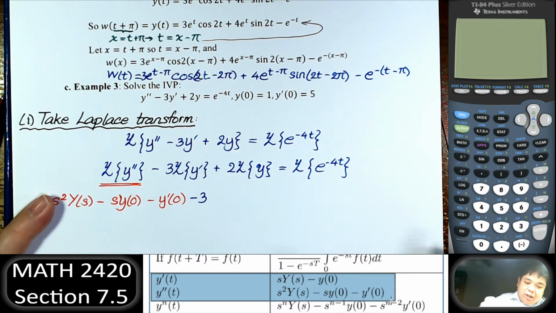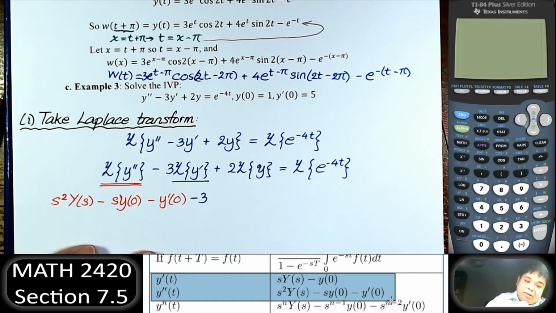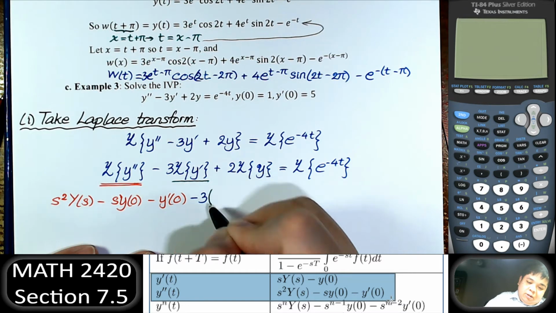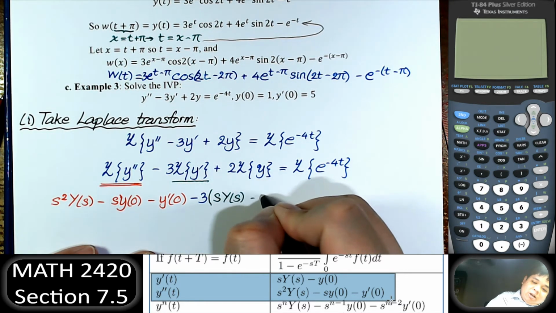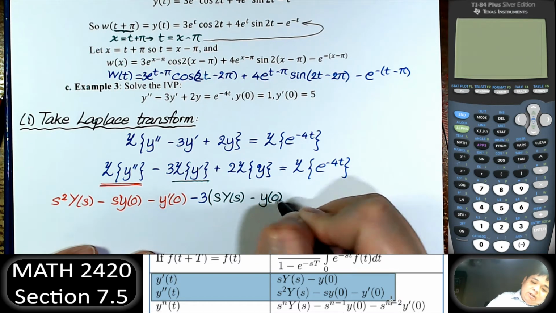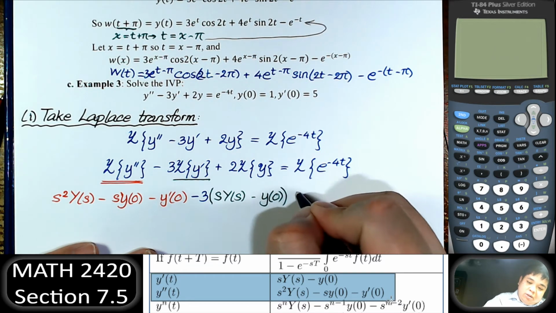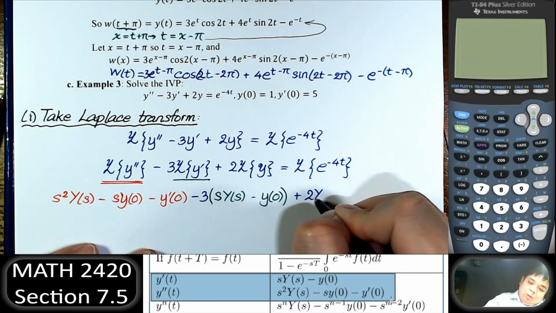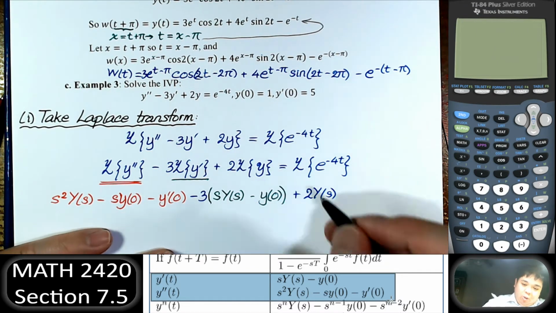Minus 3 times the Laplace transform of the derivative, which is s y sub s minus y at 0, and then plus 2 times y sub s, the Laplace transform of y.